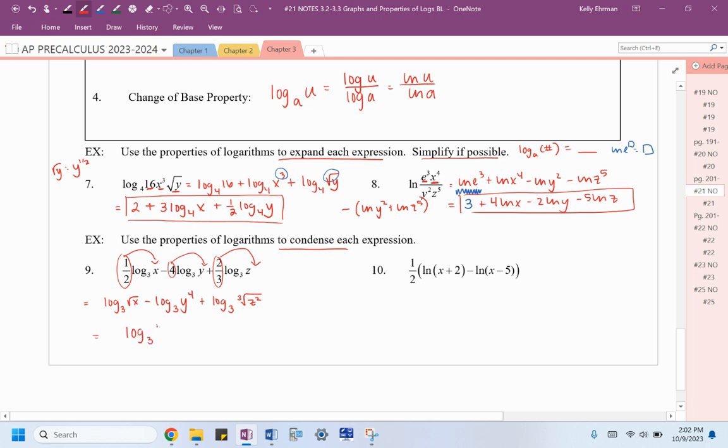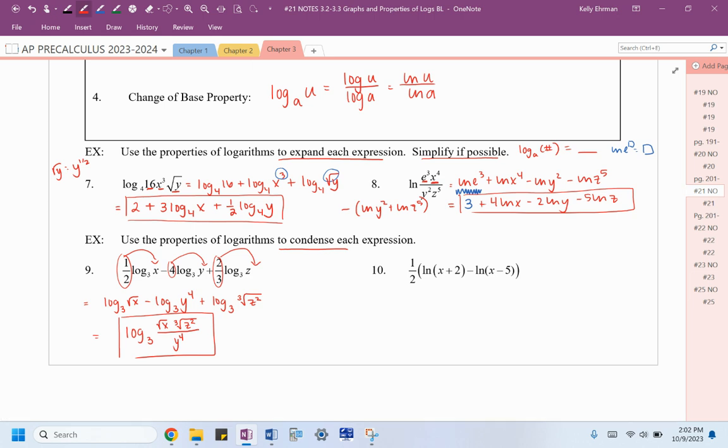The numerator has square root of x times cube root of z to the second all over y to the fourth. Now, I would leave my answer like that. If I wanted the x and the z to be underneath the same root, I'd have to get common denominators on their exponents and kind of adjust accordingly. I'm not going to worry about that, though. I would just leave it right like this.